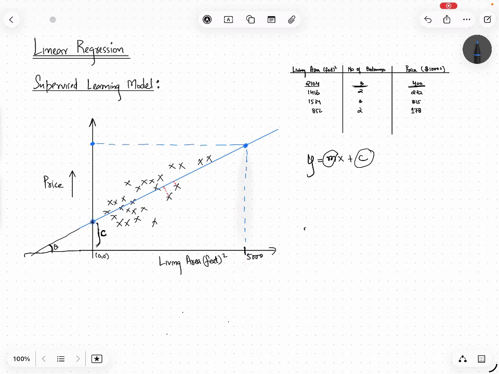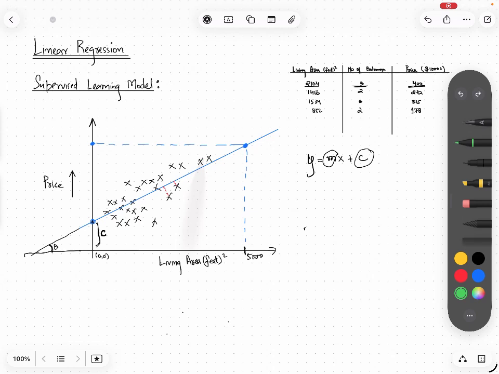The price that this data point will give will not be accurate, but it will be close to the actual value. Suppose we try to find the predicted price of this data point. This is the actual price, but if we try to find the predicted price using our model, we'll get a price corresponding to this point.